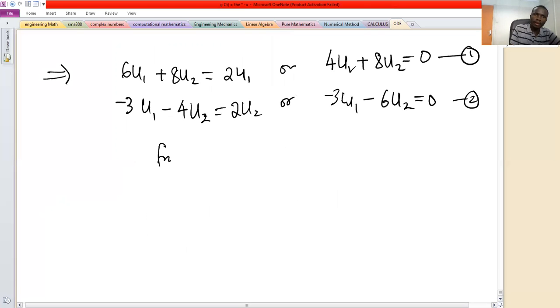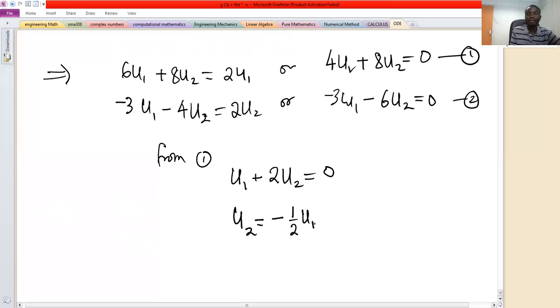from 1, we can divide through by 2. We have U1 plus 2U2 equals 0. And you should see this is the same thing as what we have in the second, which is that U2 is the same as negative a half U1.